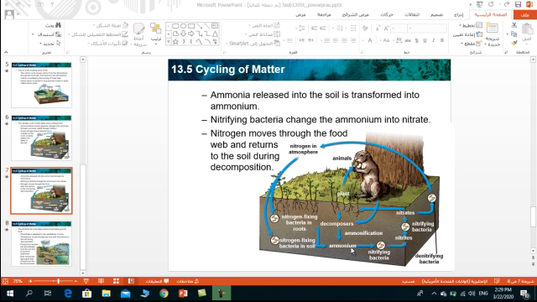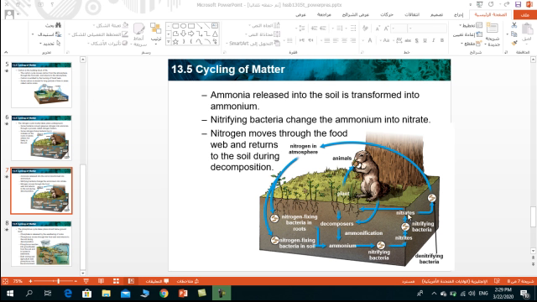After that, some of this ammonium may be used directly by the plant, but most of the ammonium is taken by another type of bacteria known as nitrifying bacteria, as a source of energy to convert it into nitrite and then to nitrates through a process known as nitrification.